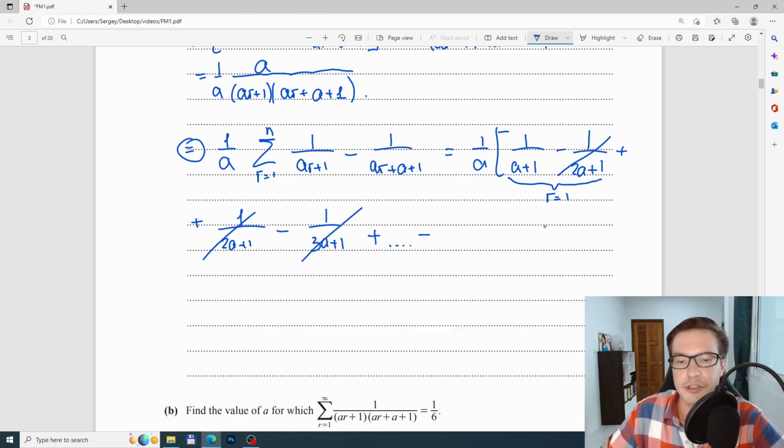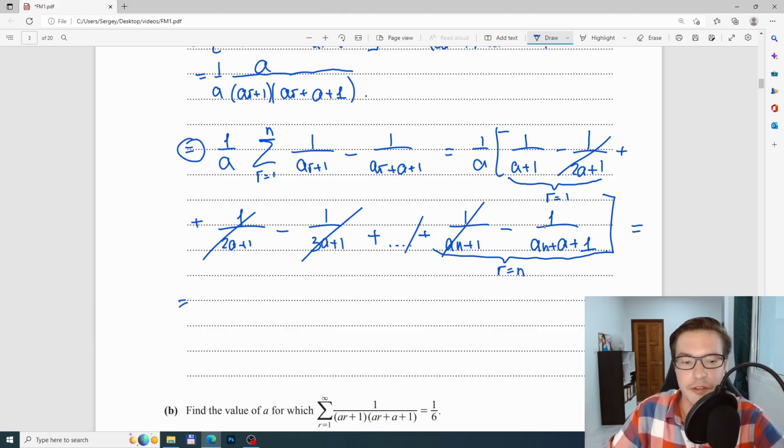So dot dot dot, let's skip a few, and the very last one is going to be when R equals n, and that will be 1 over An plus 1 minus 1 over An plus A plus 1, and this fraction will also cancel out with something in the dot dot dot. So these two are when R equals n.